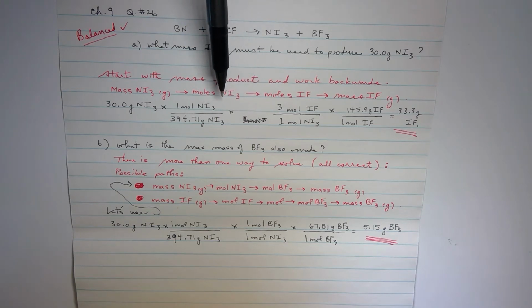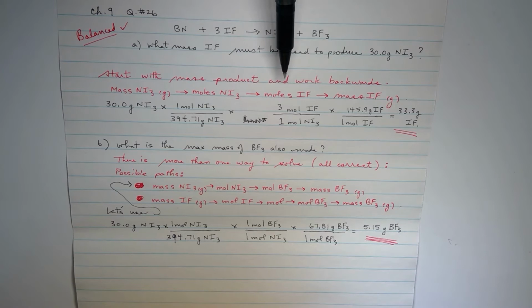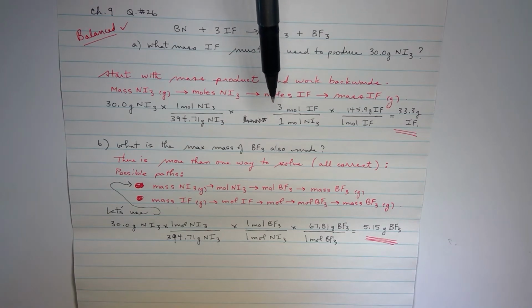Then I'm going to convert that number of moles of NI3 to a corresponding number of moles of IF using this conversion factor, which again comes out of the balanced equation. It says that 3 moles of IF react to produce 1 mole of NI3. So it's 3 to 1.